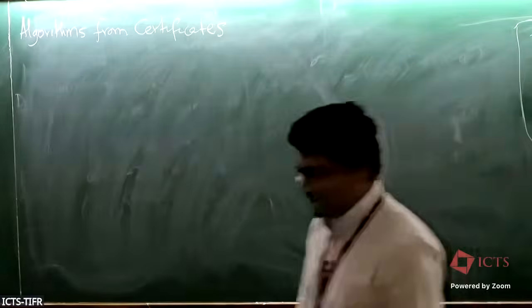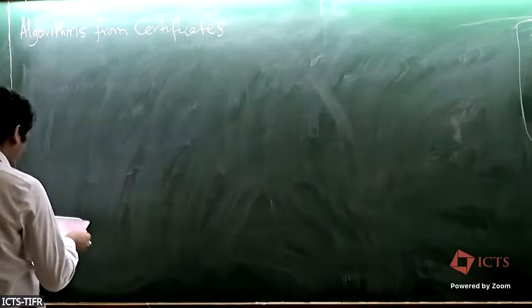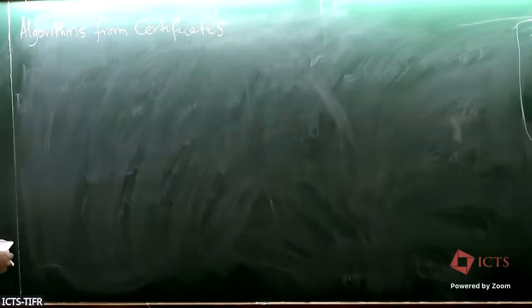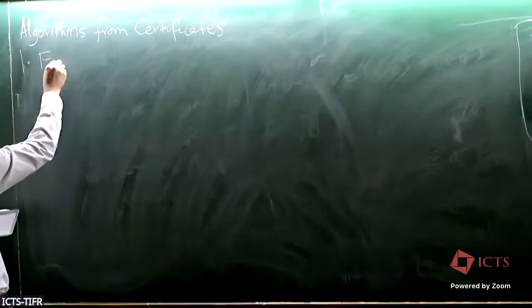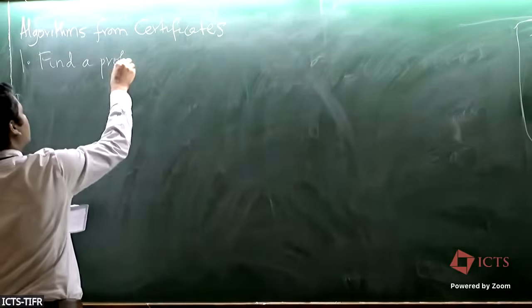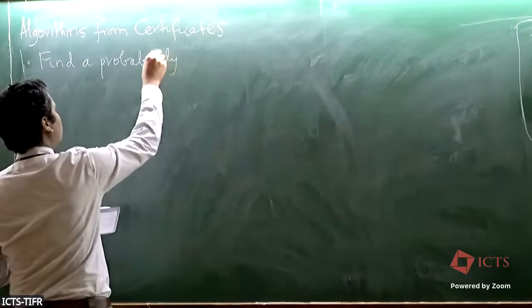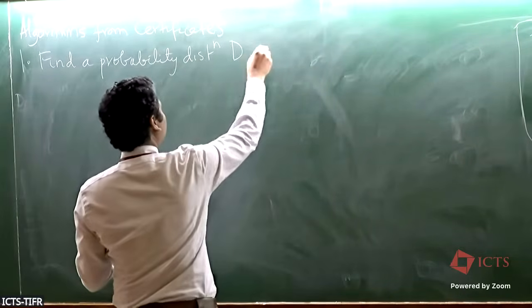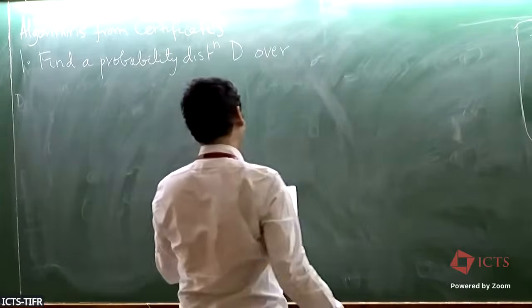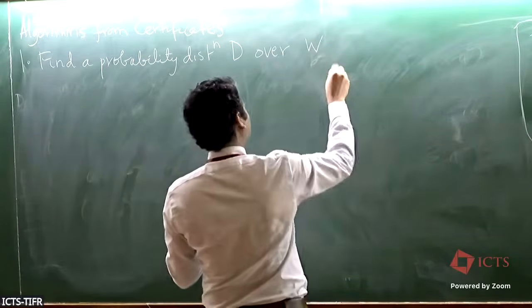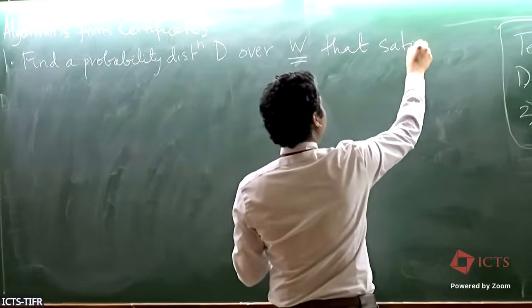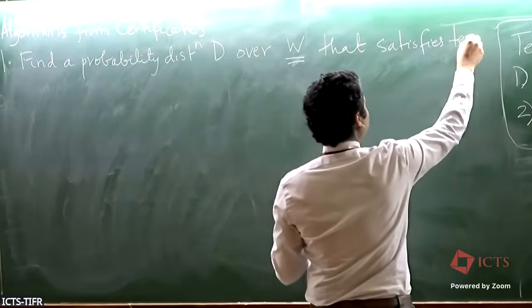So the even more inefficient algorithm would look like the following. This algorithm will find a probability distribution D over W that satisfies the two requirements in the test.